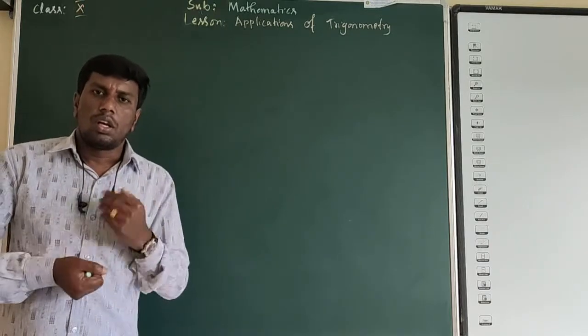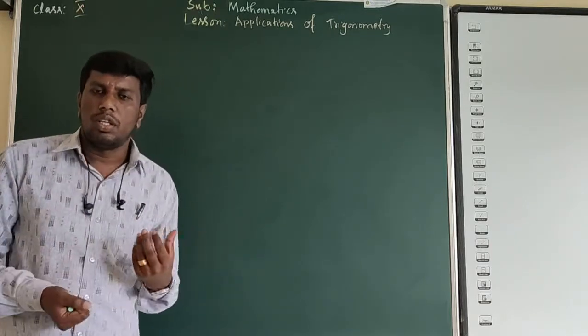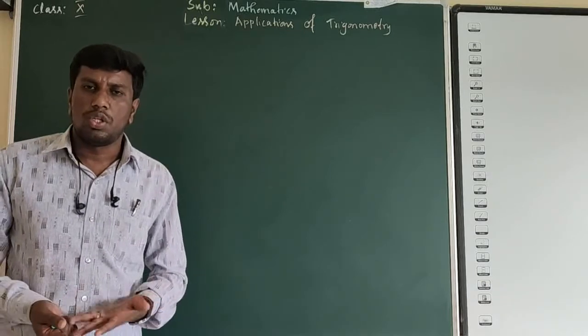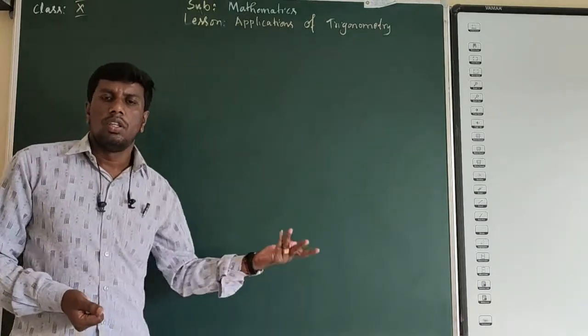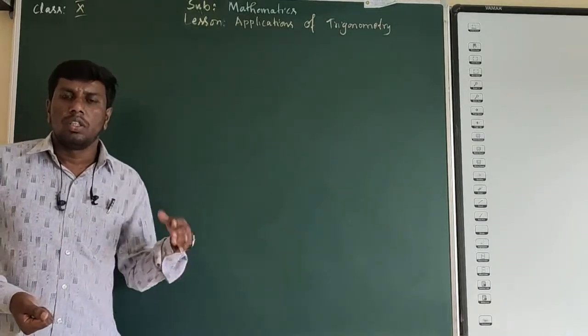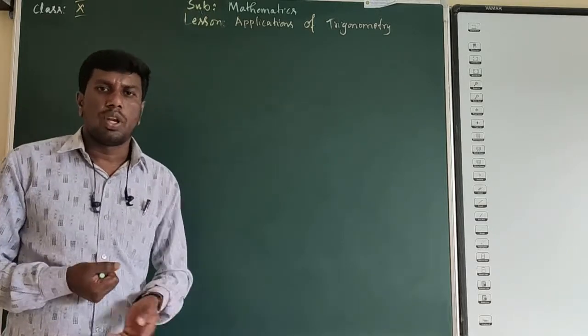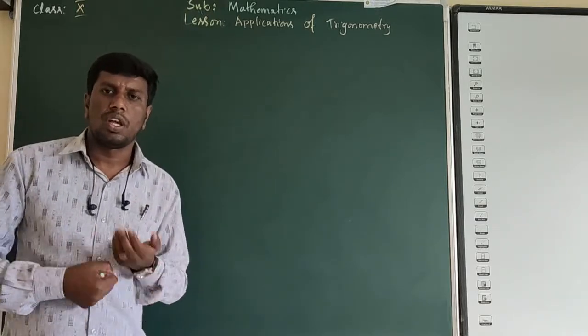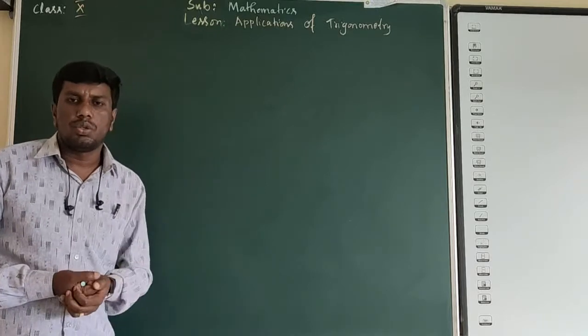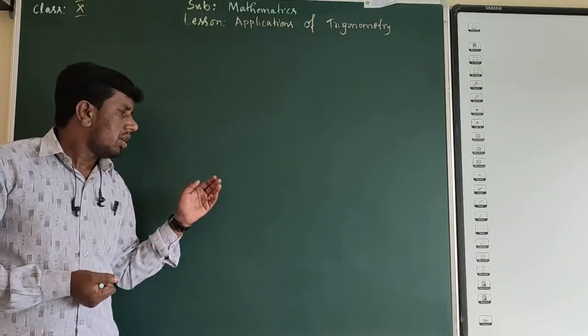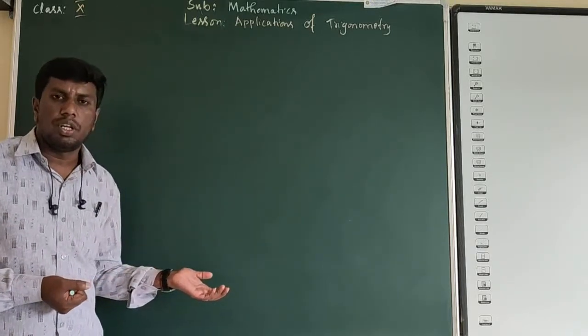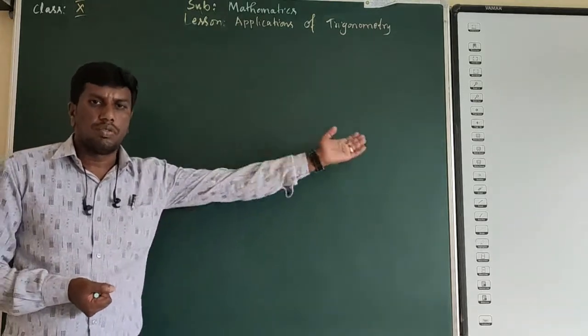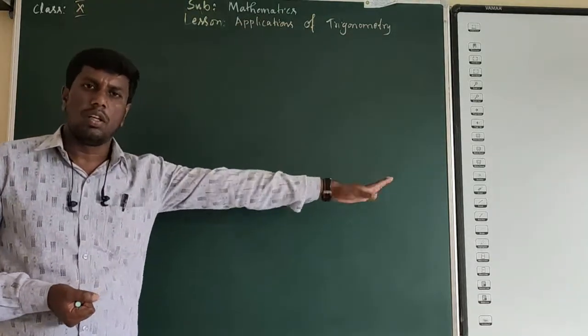What concepts are there in trigonometry? Trigonometric ratios like the sine function, cosine, then tangent, cotangent, secant, cosecant. These ratios express the trigonometric functions in terms of ratios of the sides of a right angle triangle.